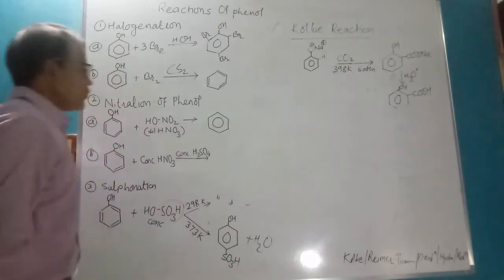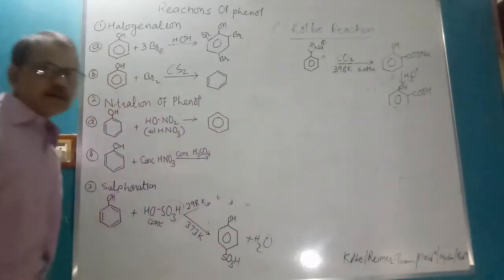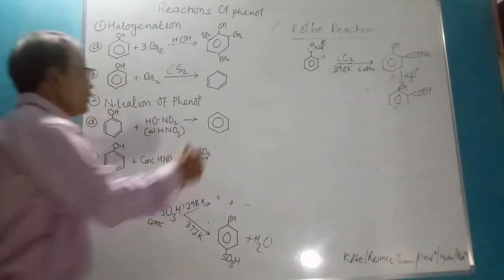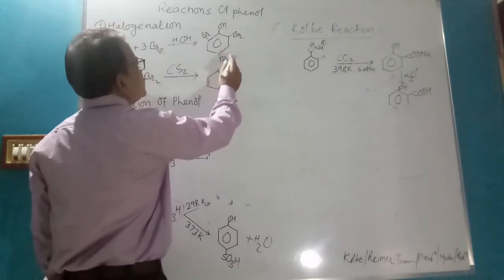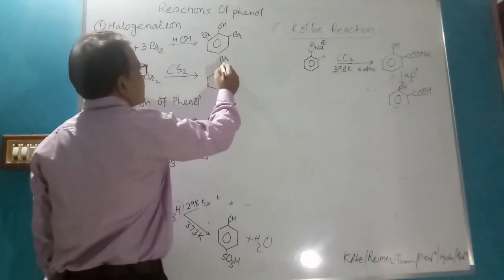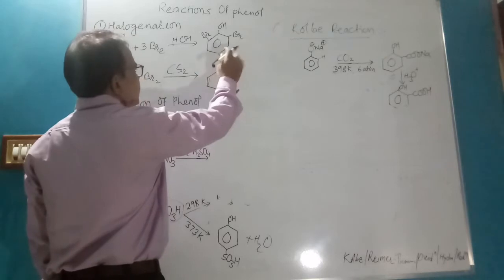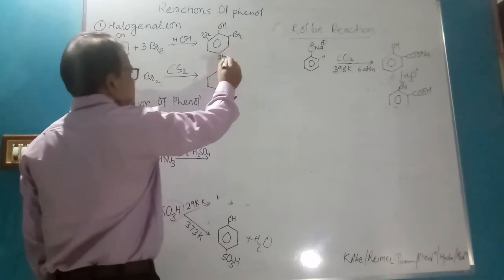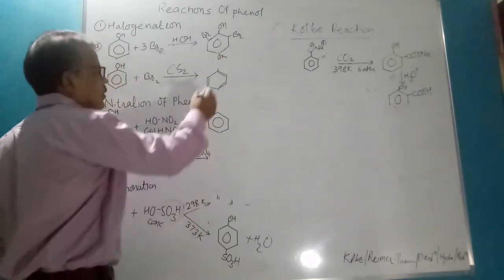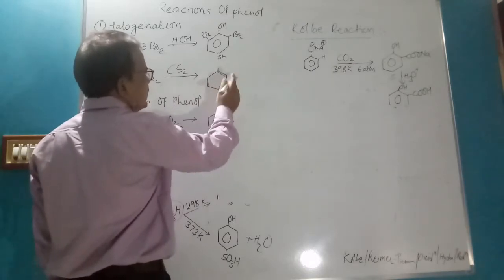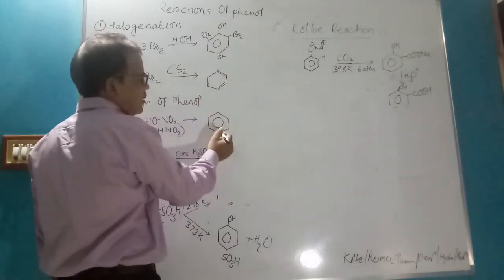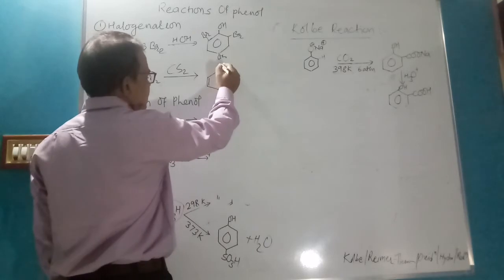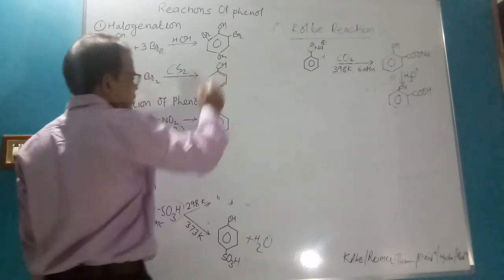Sometimes you don't put either ring or alternate single and double bond and you lose marks. So remember that while writing the structure of benzene or phenol or aromatic compound, you must write either ring or alternate single and double bond inside the ring.